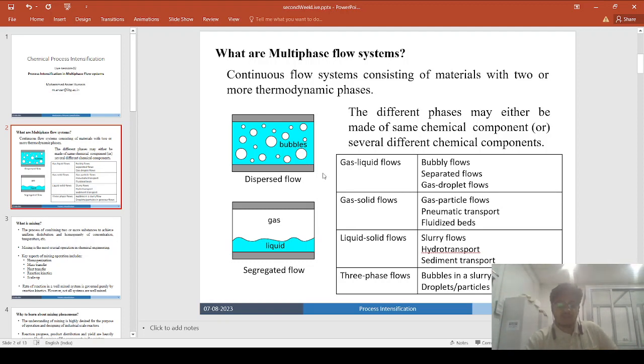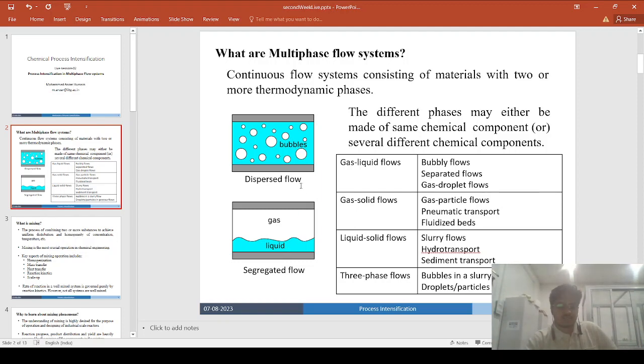In the segregated flow system, you can see that the gas is at the top and the liquid is at the bottom, and there is a very clear, big and sharp interface between the two phases. So you can classify this flow system as a segregated flow system.